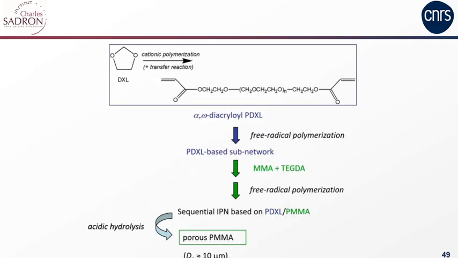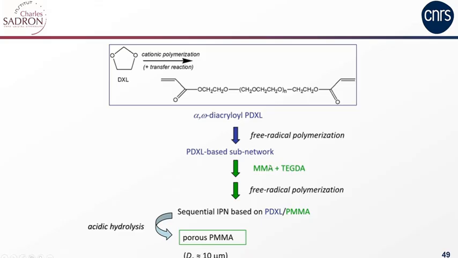Okay, another example is the use of dioxolane. So by cationic polymerization, you can generate this bis macromonomer, diacryloyl polydioxolane. We can polymerize it to generate a network.